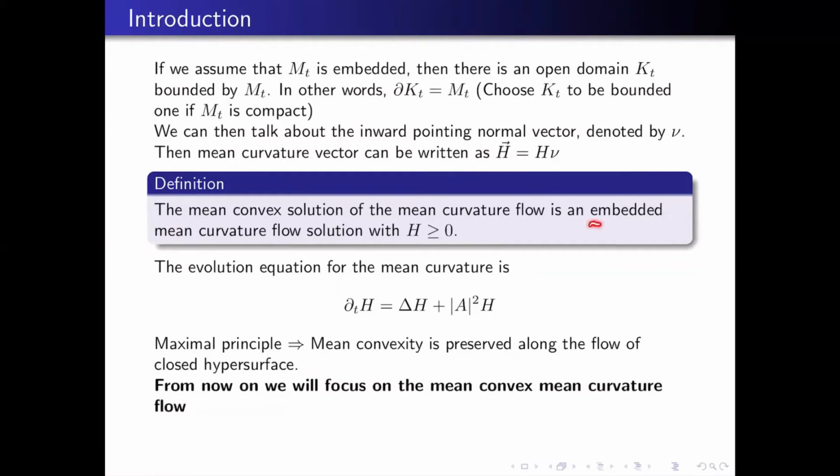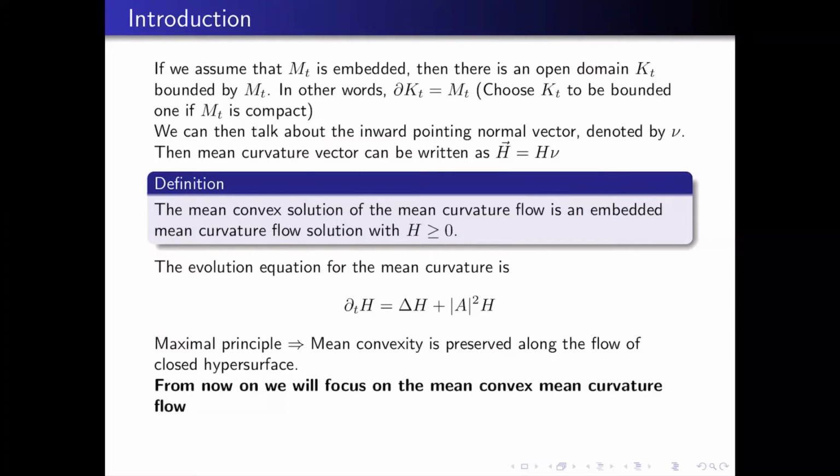I should remark that embeddedness is also a preserved property, which means that if we start with an embedded hypersurface, then along the flow, the surface is always embedded. This is also proved by the maximum principle. For example, we can assume that T is the first time that it fails to be embedded. Then at time T, the surface must have some intersection, and the intersection is actually tangential.